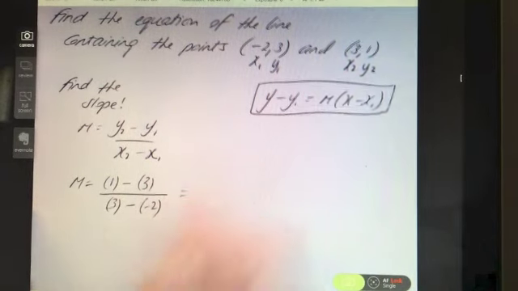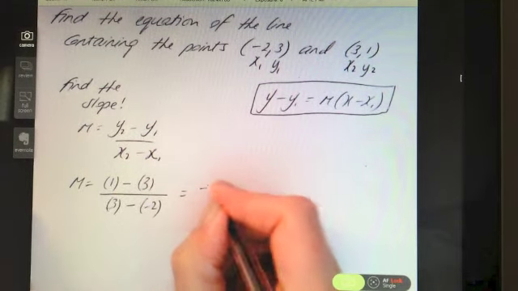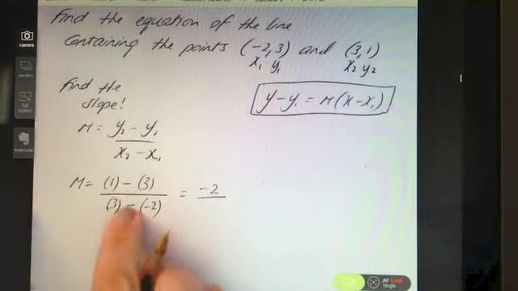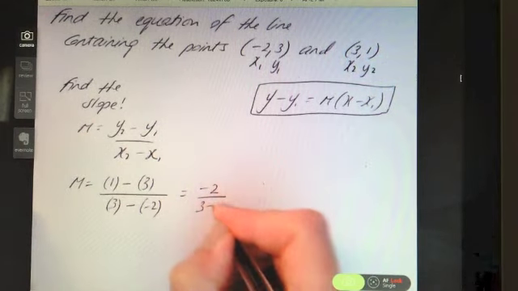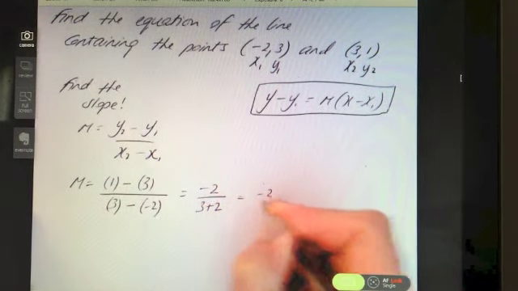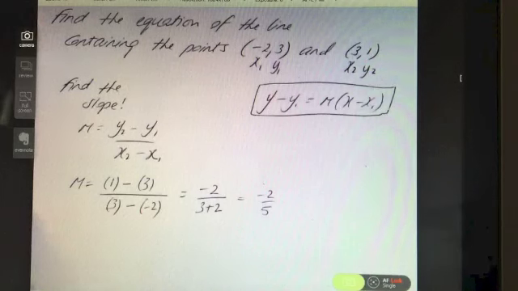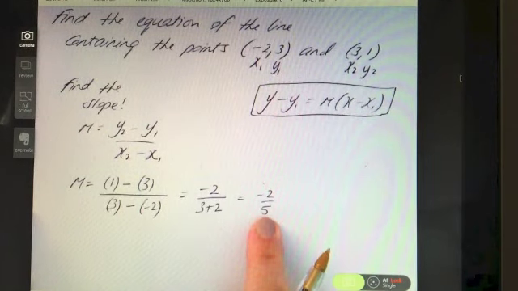Okay, let's tidy this up. 1 minus 3 is minus 2. And 3 minus minus 2, of course, is the same as 3 plus 2, which is therefore 5. So the slope of the line is minus 2/5.